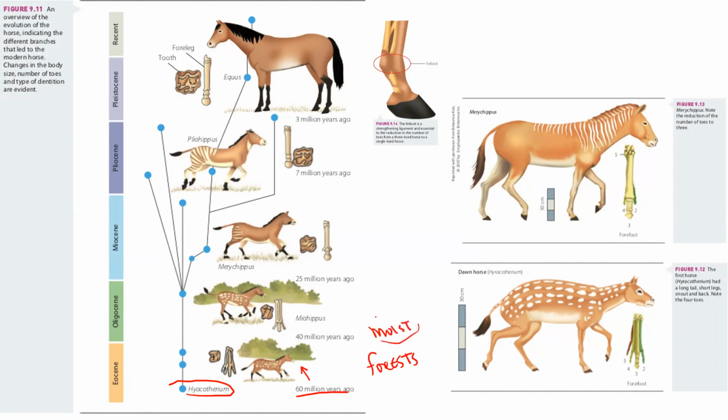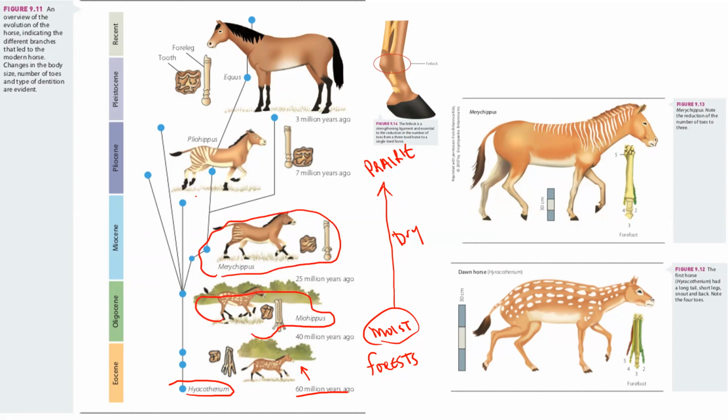Well, when the environment became dry, we had prairies, and the selection pressures changed. And the horse is very unusual because we have all of these: Mesohippus, Merychippus, Pliohippus, and the modern day horse.